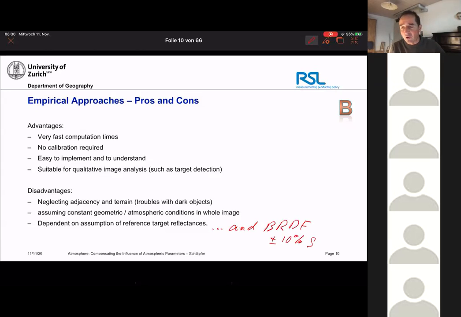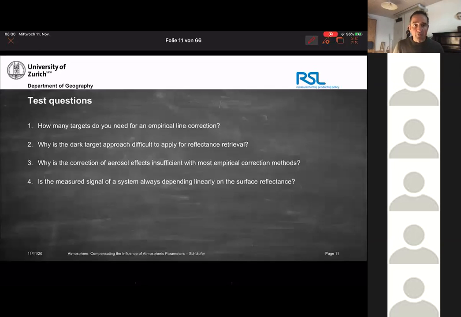You're never more accurate than in a range of about 10%. That's just the limitation of these approaches, due to the BRDF being easily 10% off. Of course, by luck, you may be more accurate, but you cannot claim that you will be more accurate. So much about empirical approaches.